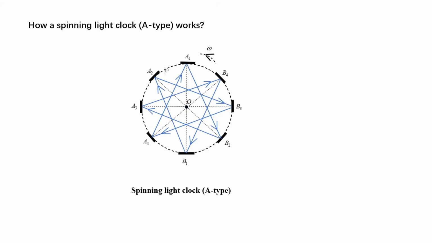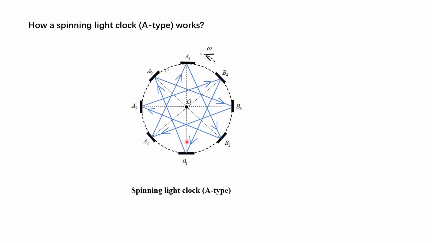Here we talk about how an A-type spinning light clock works. If the light clock is in a stationary state, initially the photon is at the position B1, and next it will go up and hit the top mirror at A1, and then B1, and then A1, and then B1, and so on. So this constructs a stationary light clock.